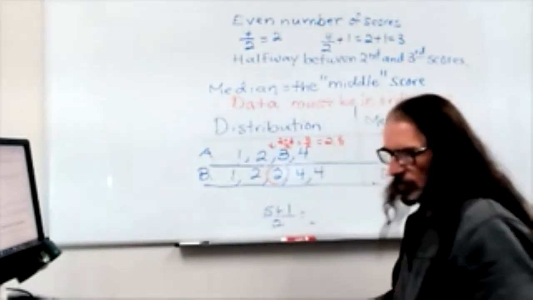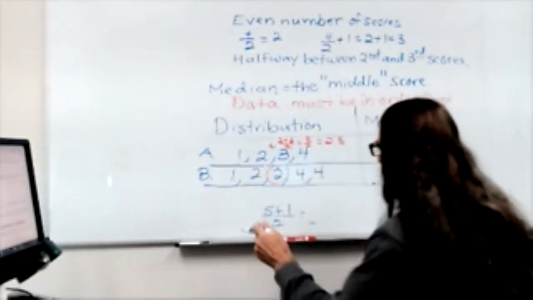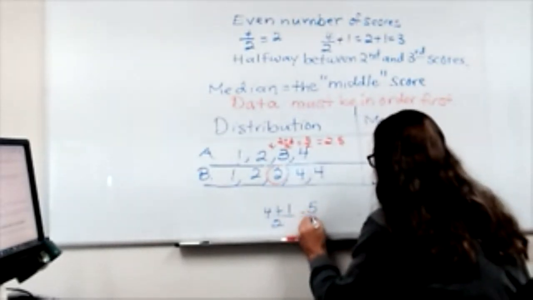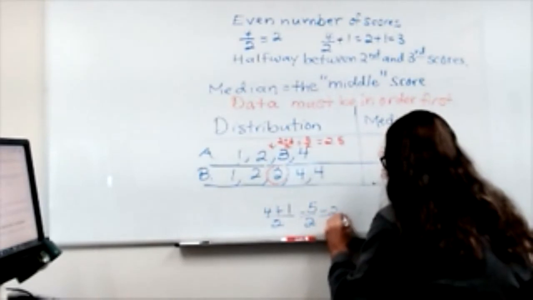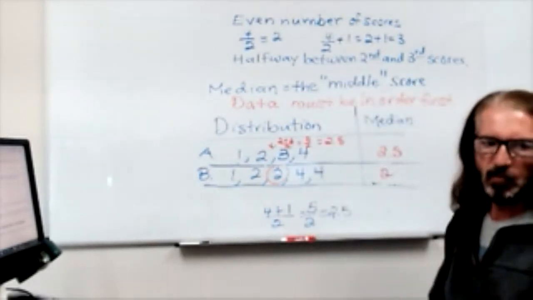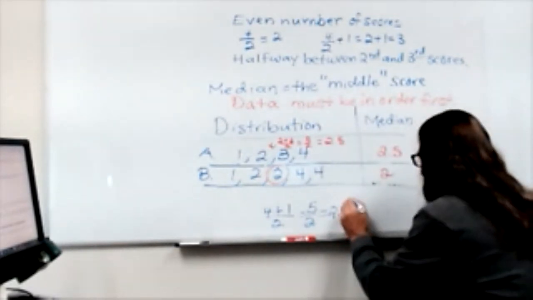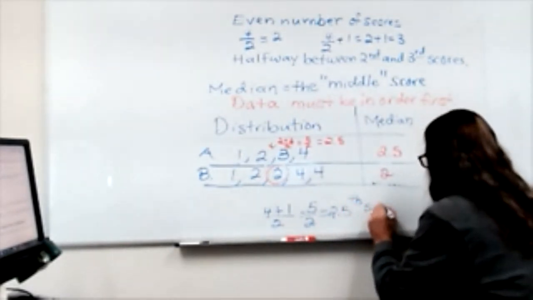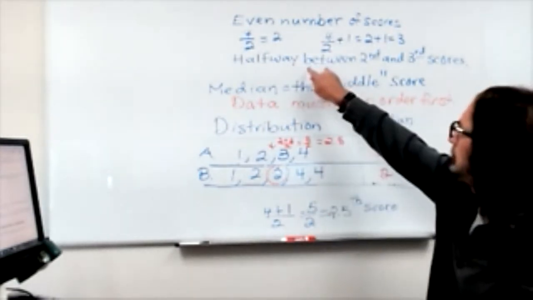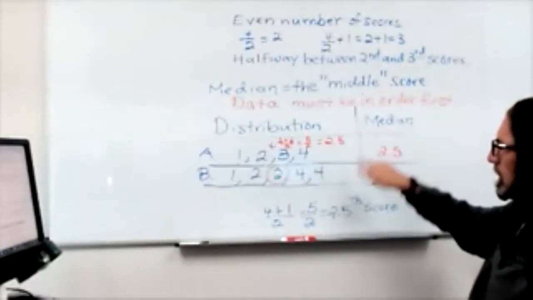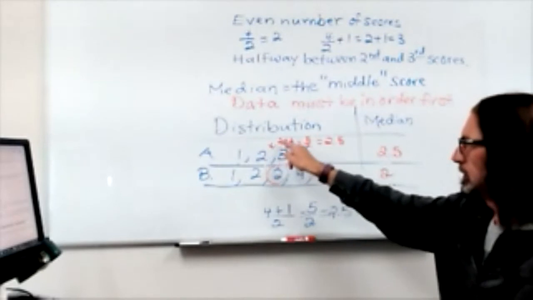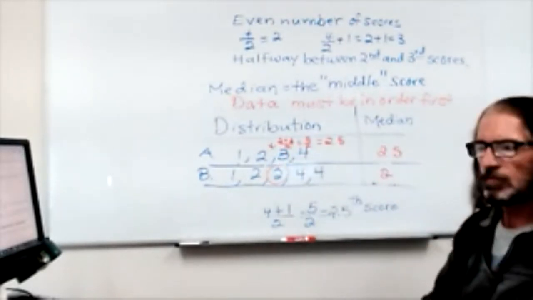If we just add 1 to 4 and divide by 2, well, on the one hand, it wouldn't make sense to talk about a 2.5 score. That's just another way of saying go halfway between the second and the third score. And we would get halfway between 2 and 3 is 2.5.